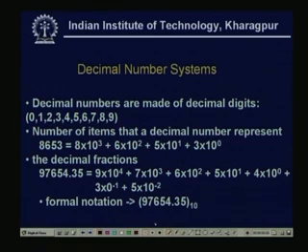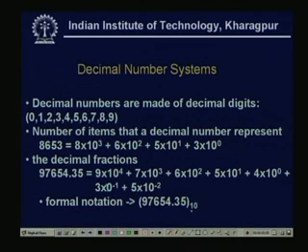So this should be 3 into 10 to the power minus 1, then 5 into 10 to the power minus 2, and in formal notation we can write 97654.35 when the number system is 10.